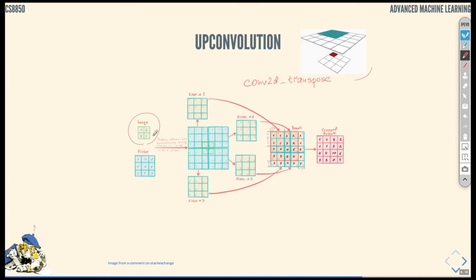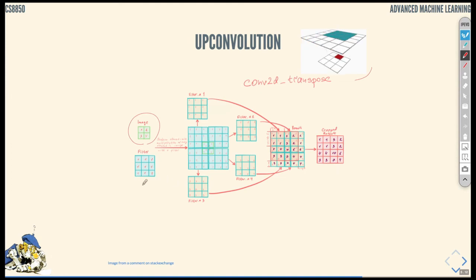So instead of 2 by 2, you want to create 4 by 4. How do we do it in a learnable way? Our filters are trained on the images that we have, and they produce larger resolution images from the lower resolution images. This diagram illustrates it.